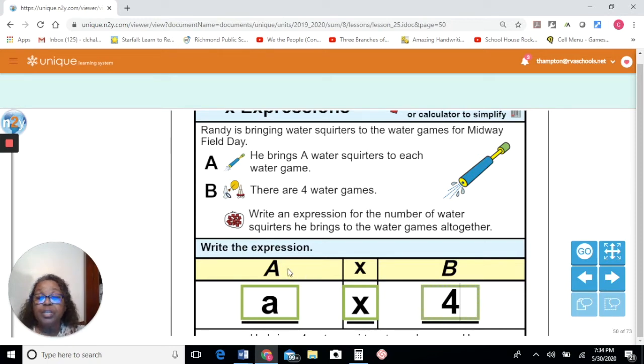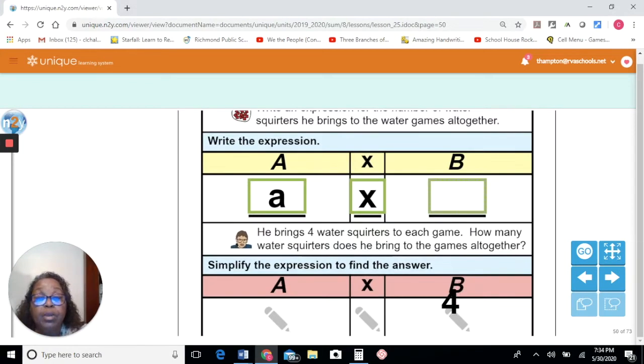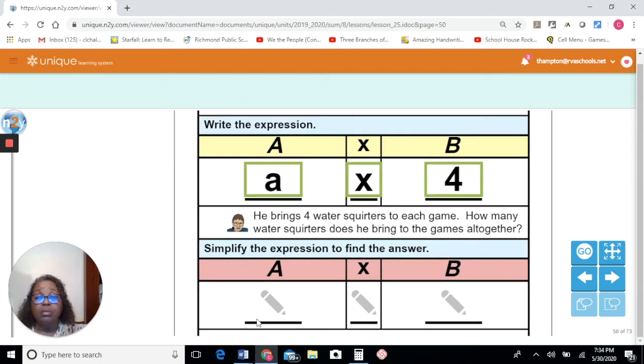We've written the expression A times B, and we have also substituted the numbers for the expression when we know it. So let's see if we can find out what the A number would be. Okay, so now he brings 4 water squirters to each game. How many water squirters does he bring to the games altogether? Well, we just found out that A will equal 4.